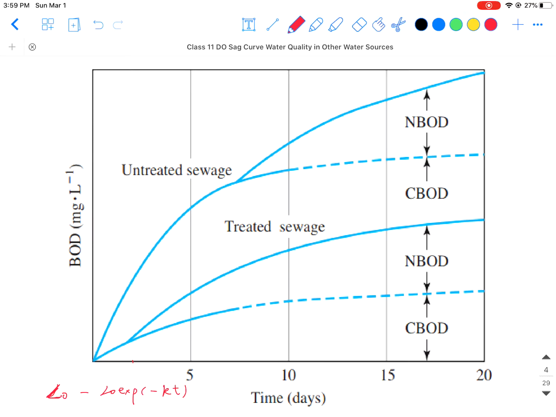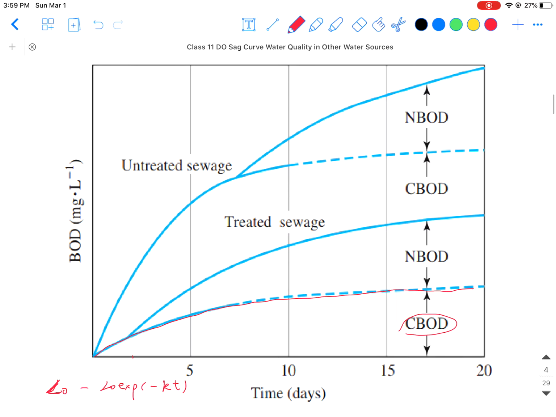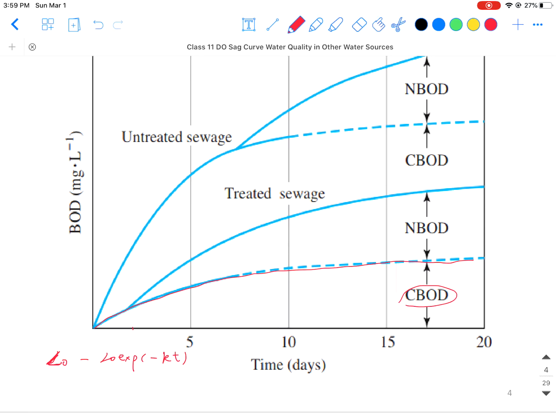Last class, we showed why the CBOD, or the normally measured BOD, has a curve that looks like this. This is because the BOD value is decided by this equation: L0, which is the initial concentration of the organics, or the ultimate BOD, minus the concentration of the organics at any time.